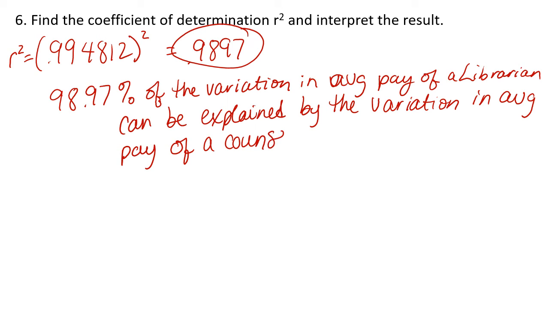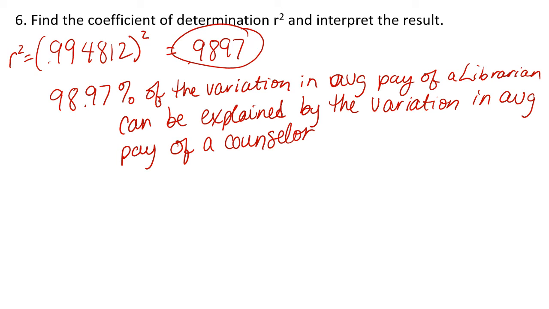So whatever it is that makes a counselor's pay go up and down, it's a very similar factor that makes the librarian's pay go up and down. In fact, it explains 98.97% of the variation. So we call that the explained variation.